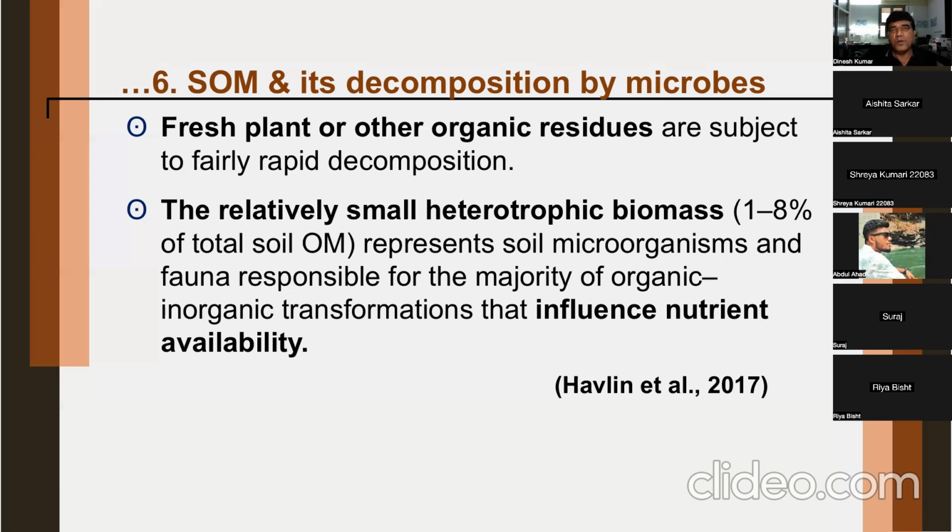So finally, not only soil organic matter, but the activity of microbes. There may be sufficient organic matter in the soil, but there is no ideal temperature or ideal moisture conditions. Then these microbes may not work effectively. So then the nutrient supply to the soil solution may be adversely affected.